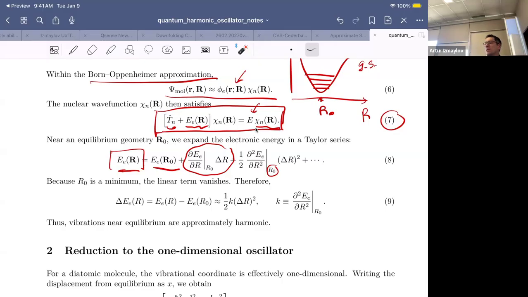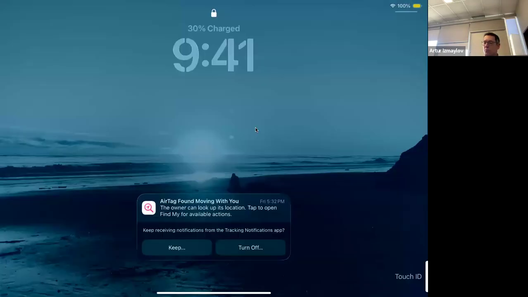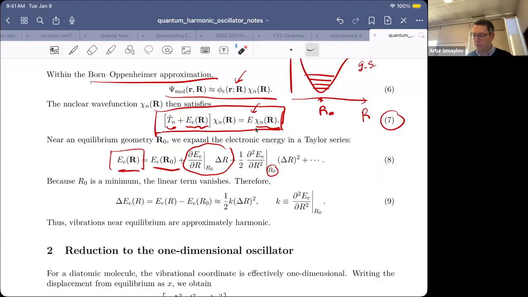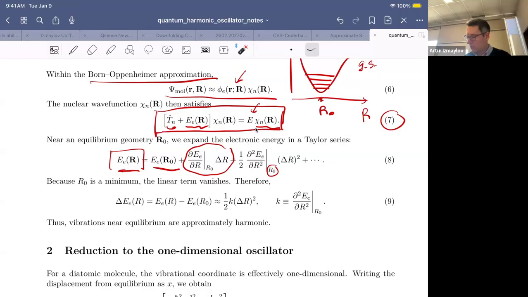Second derivative is 0. No, that's not the minimum, right? Let's think a little bit. So what is the physical meaning, or geometrical meaning, of the derivative of the function? Slope. Remember that? What they were teaching you in calculus, like whatever function, let's say parabola, and then what's the derivative? Derivative is the value of the, well, it's a slope, right? So the coefficient at every point.